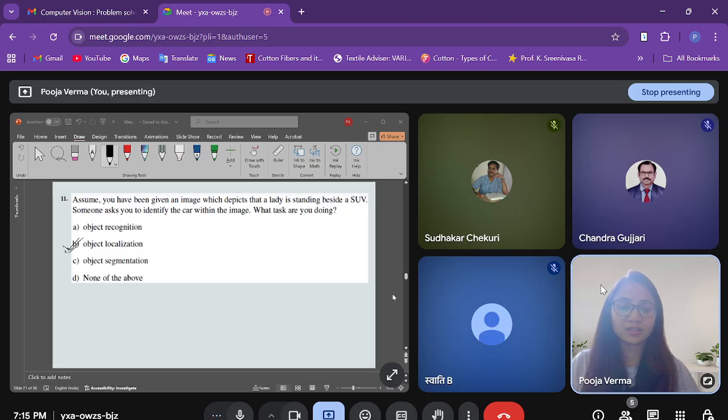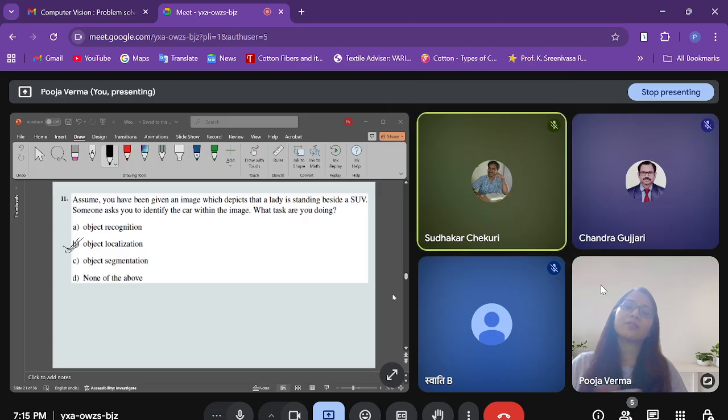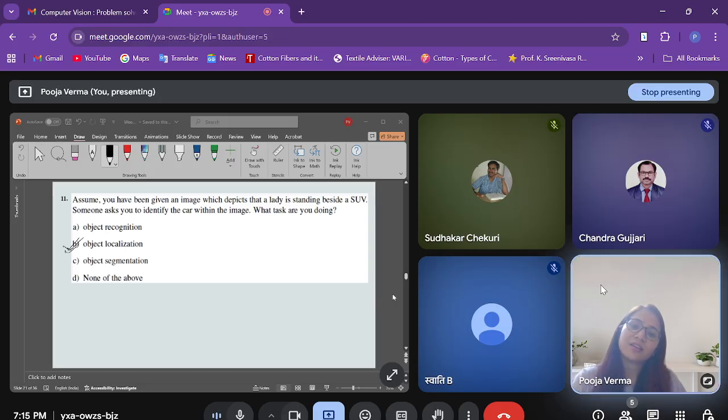Okay, this is a car. That will segment only that part, because in the examples you have given, segmentation is also identifying the dogs. Yeah, you can also say that recognition is also identifying it. In the whole image, it is giving the output: this is a car, but where it is, it doesn't know.